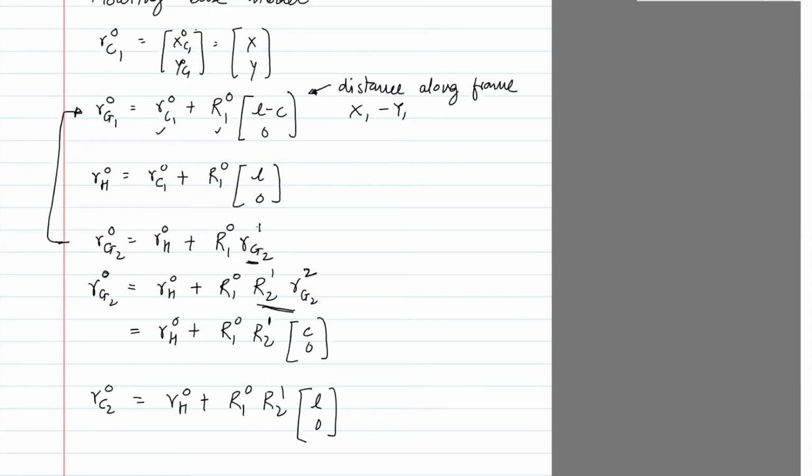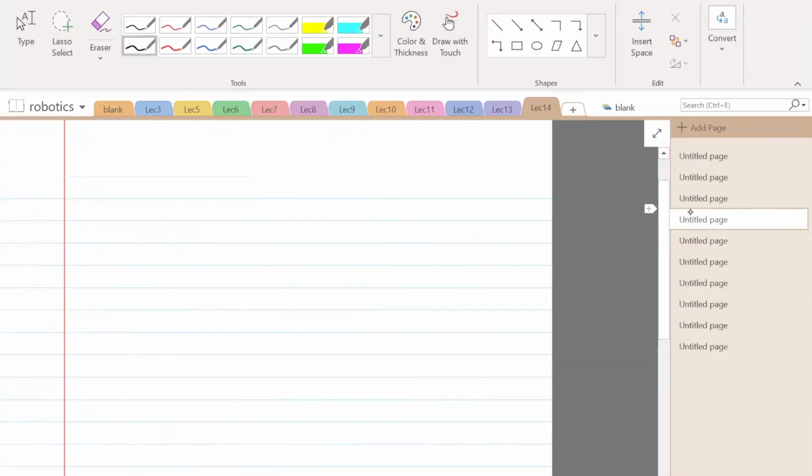So I've been able to describe the positions of different points. Now I also need to relate the ramp frame with the frame which is along the ground. I have the ramp, and I've made the ramp horizontal just to derive the equations, but really everything is in the base frame.